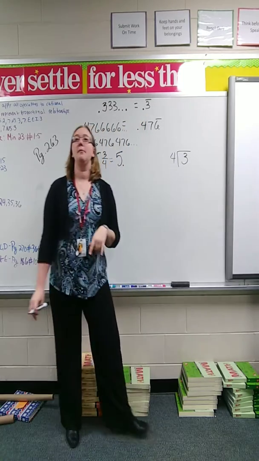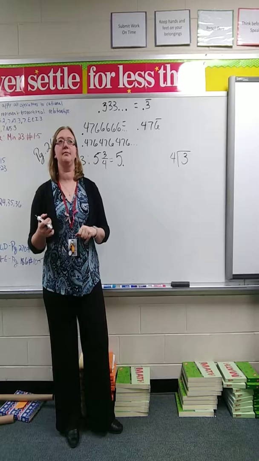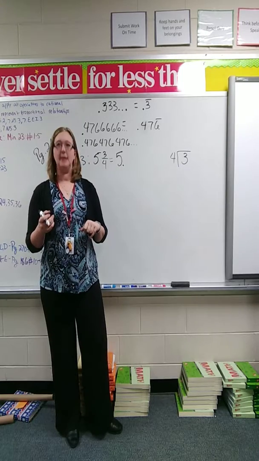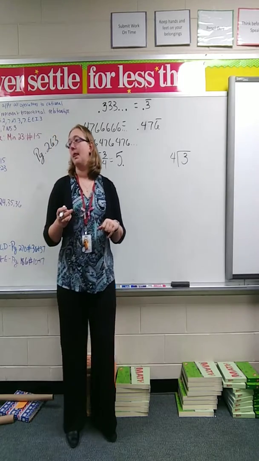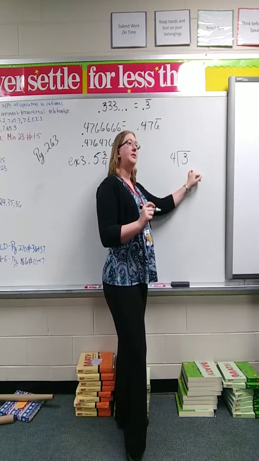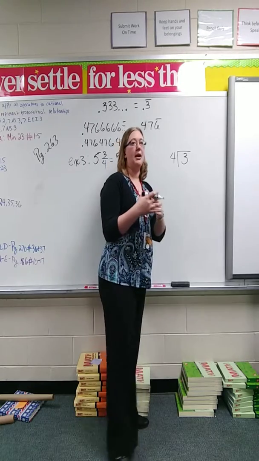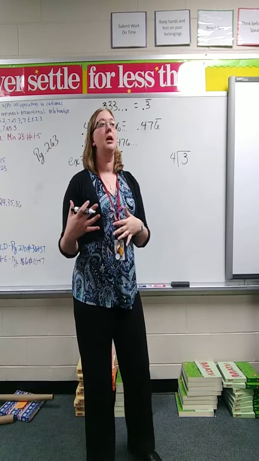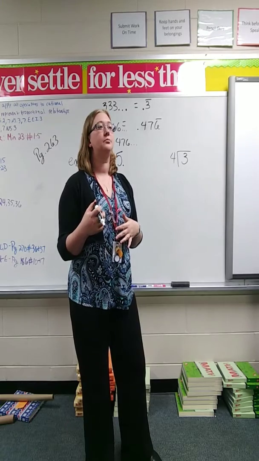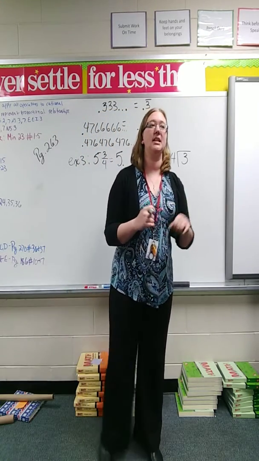Did we do this when we were working with fractions and we had to simplify into mixed numbers? Yes. So, what we're going to do here, instead of taking what we would have as a remainder and putting it into a fraction, we're going to take the fraction and turn it into a decimal.